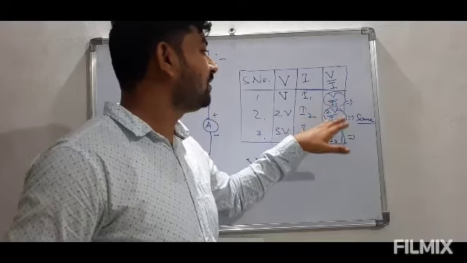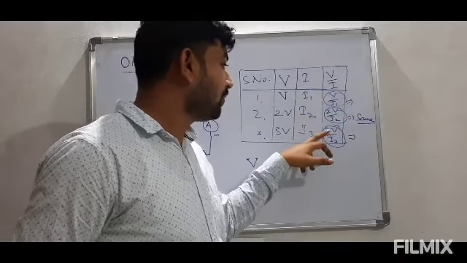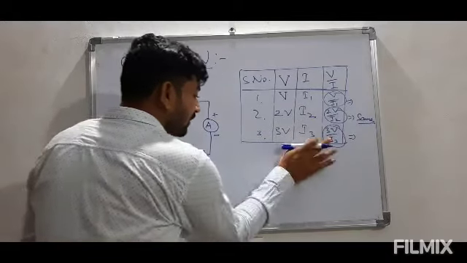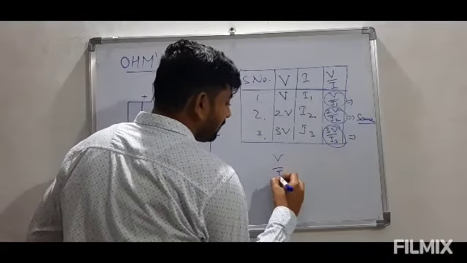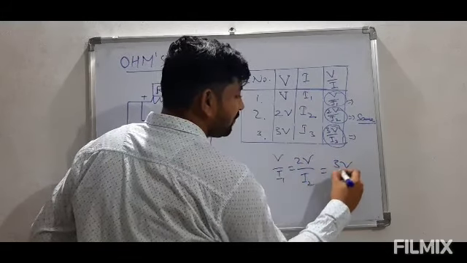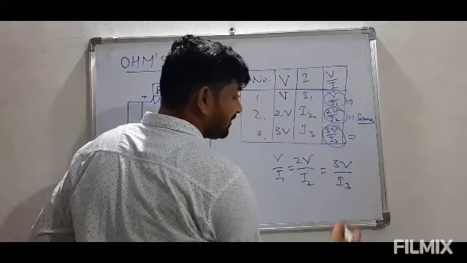Then only we can say these two ratios will be the same. So V upon I1 is equal to 2V upon I2 is equal to 3V upon I3.